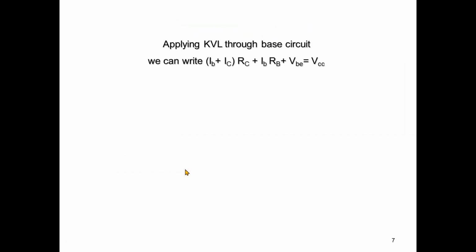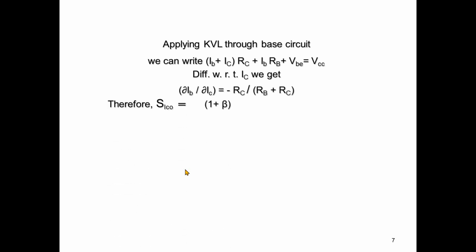And now we will apply Kirchhoff's voltage law to the base circuit to write the expression IB plus IC into RC plus IB into RB plus VBE for the collector to base bias circuit, which can be differentiated to give dIB by dIC equal to minus RC divided by RB plus RC.